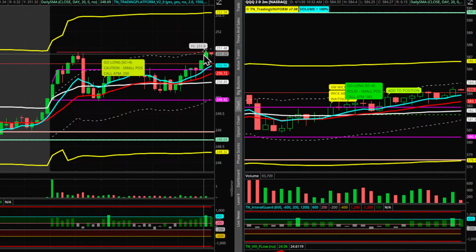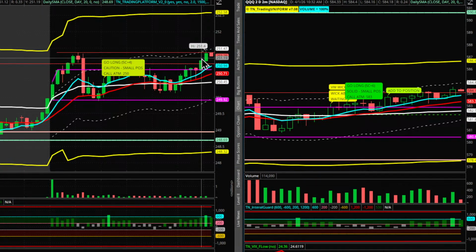Man, if IWM can break over the prior high, this thing will definitely test the upper stretch level. The key is, can it do that or not?